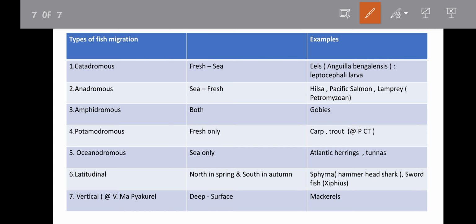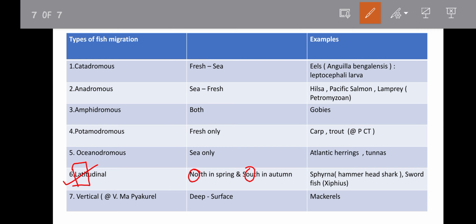no, the second last one is latitudinal, and the last is vertical. Latitudinal. For your convenience, remember it this way: lati, lati means what? Lati is like a girl's name, no? You can remember a girl's name like Nisa. Ni means north and Sa means south. Latitudinal means the fish will stay in the north in spring and return to the south in autumn.